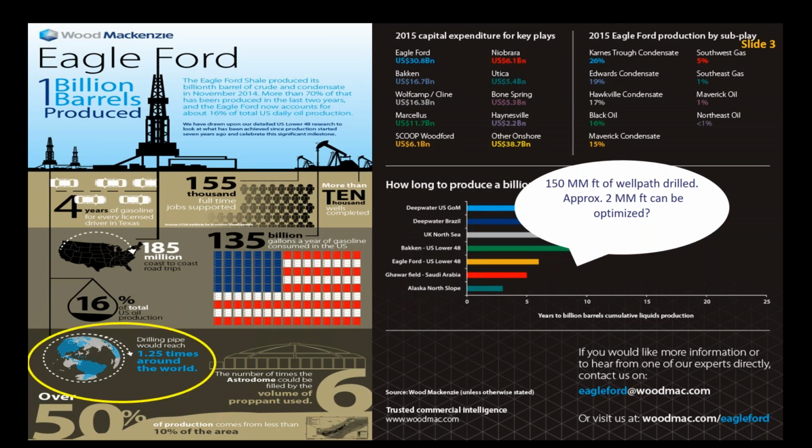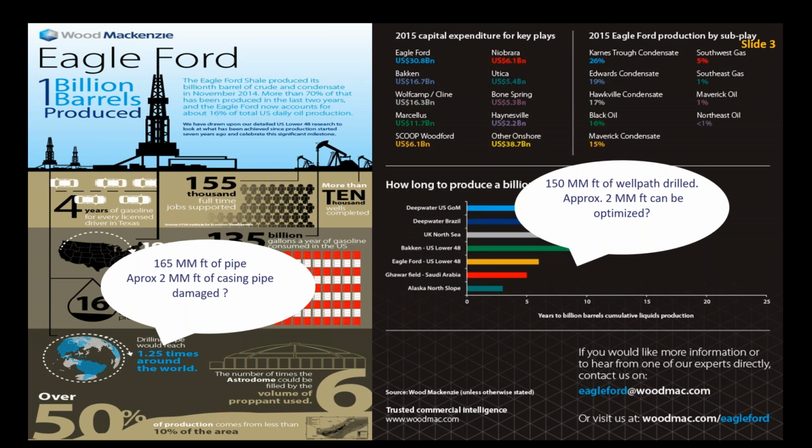The second point is, think of the drill pipe that would reach, almost 1.25 times we can wrap around the world. That is equivalent to 165 million feet of casing pipe that has been used.